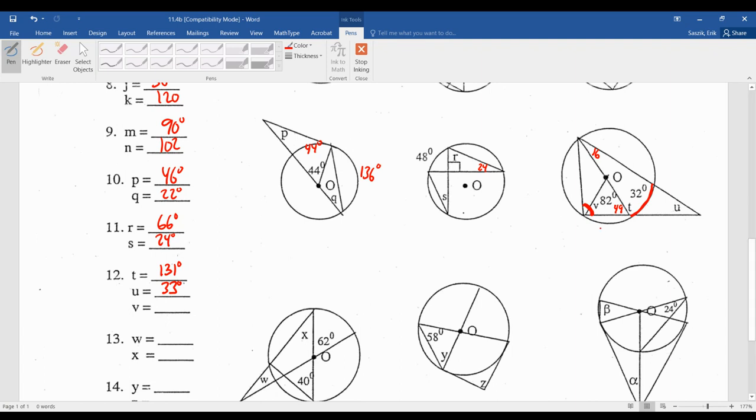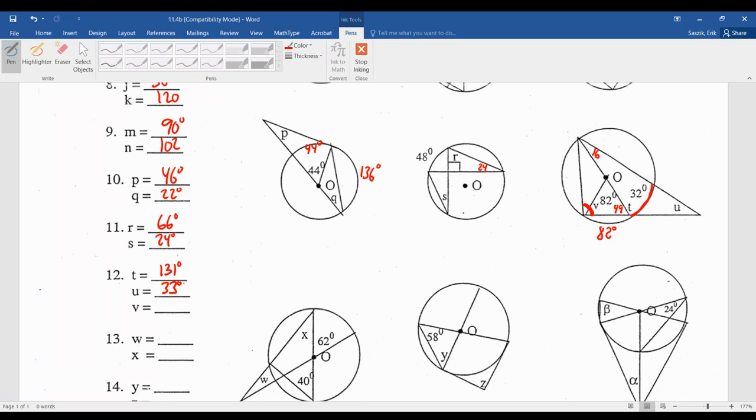So if this is 82, this has to be 82. And remember, we got U to be 33. U is half the difference of this minus the 32. U was what? 33.